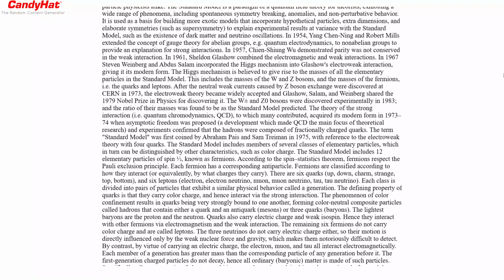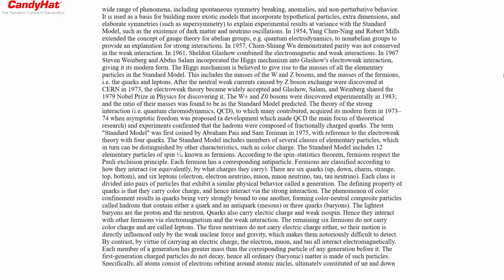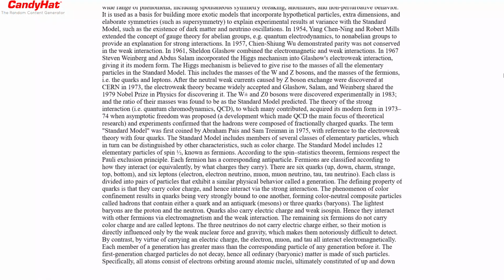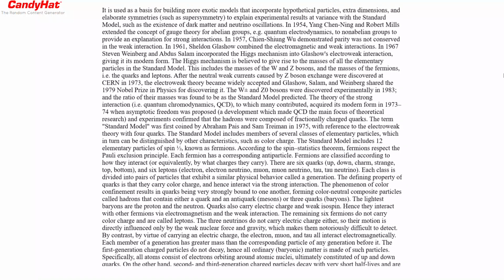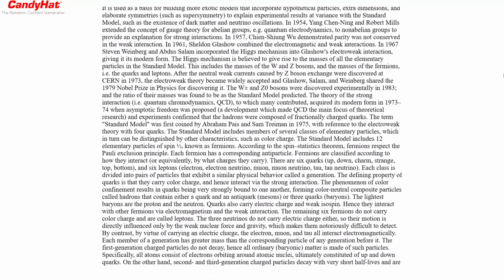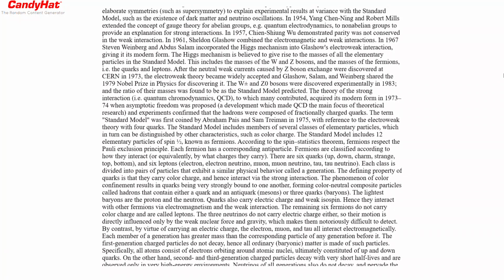The lightest baryons are the proton and the neutron. Quarks also carry electric charge and weak isospin. Hence they interact with other fermions via electromagnetism and the weak interaction. The remaining 6 fermions do not carry color charge and are called leptons.